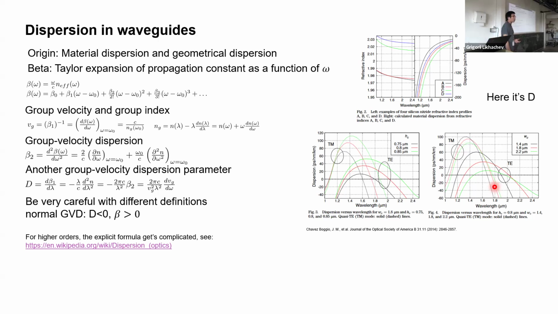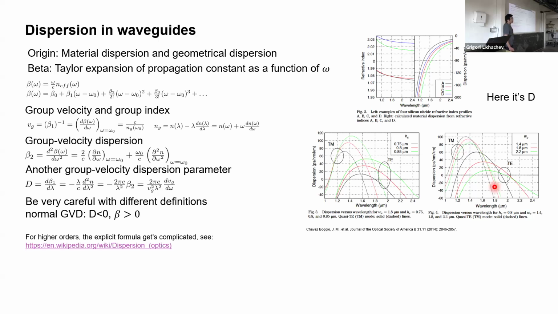People working with fibers usually describe their dispersion with the beta parameter. Basically, this beta is the propagation constant, that is, omega times the effective index over c.